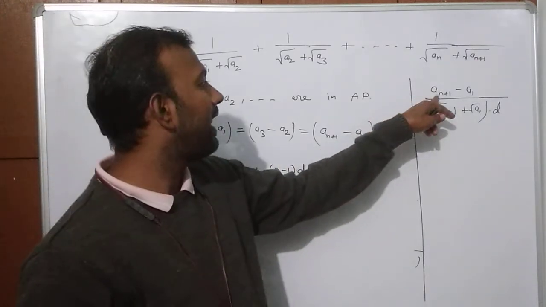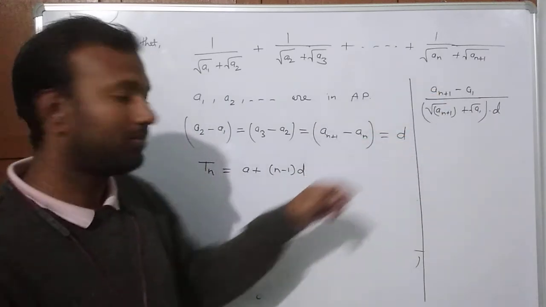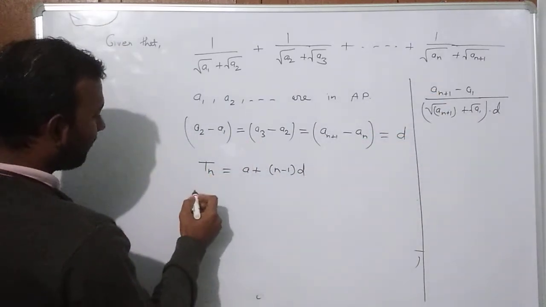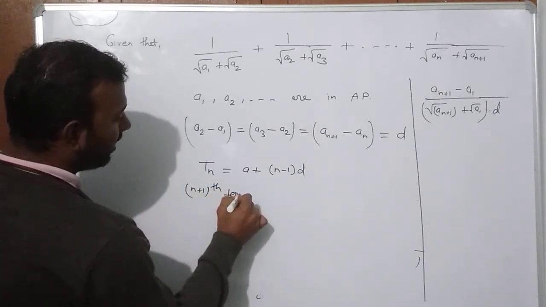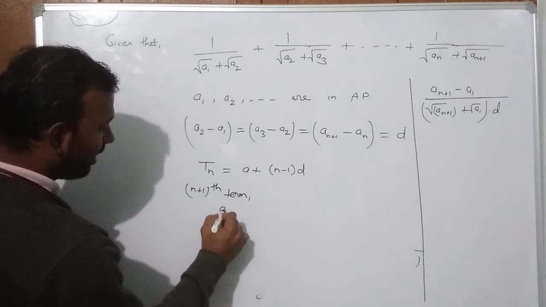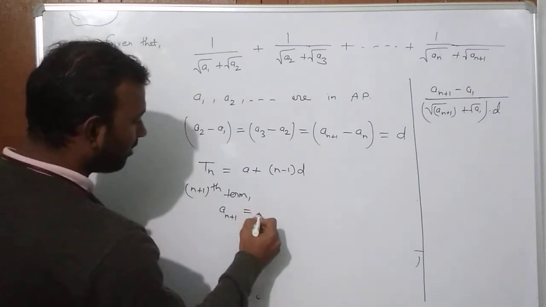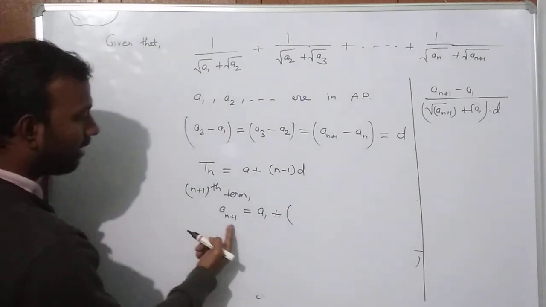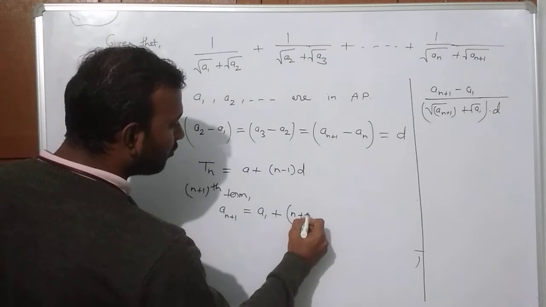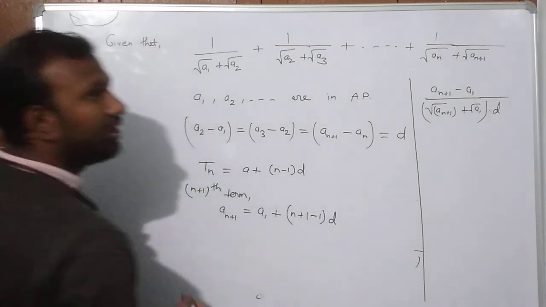What we have is a n plus 1, which means we are finding the n plus 1th term. For that, we can write a n plus 1 equals first term a1 plus n plus 1 minus 1, into d, where d is the common difference.